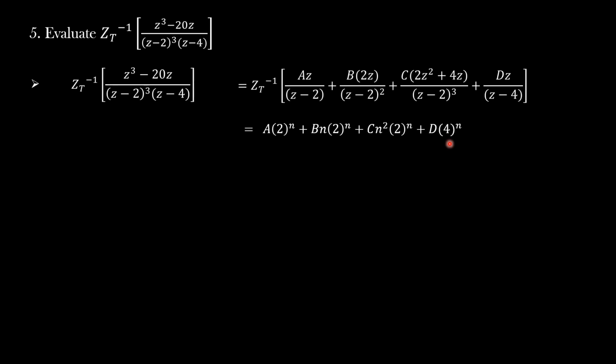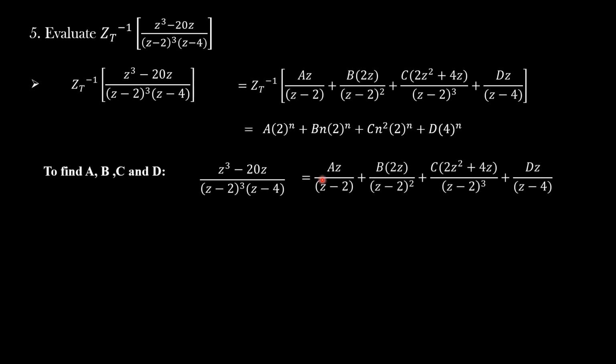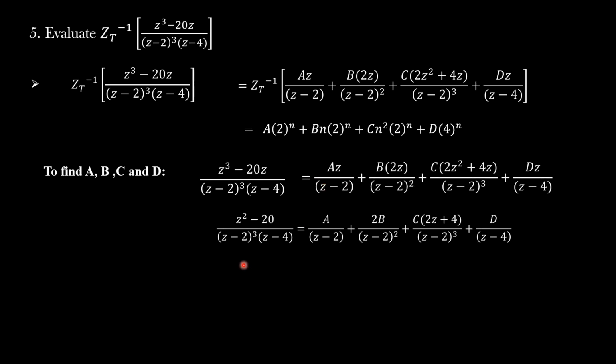Now you have to find the A, B, C and D values. To find them, let (z² − 20)/((z − 2)³(z − 4)) be equal to A/(z − 2) + 2B/(z − 2)² + C(2z + 4)/(z − 2)³ + D/(z − 4), which implies D is equal to (z² − 20)/(z − 2)³. Substituting z = 4, D is equal to −1/2.